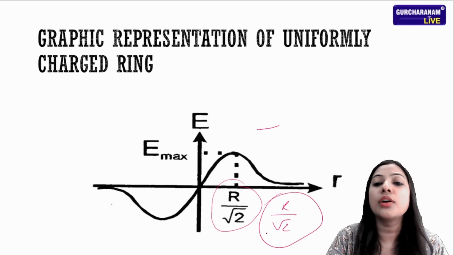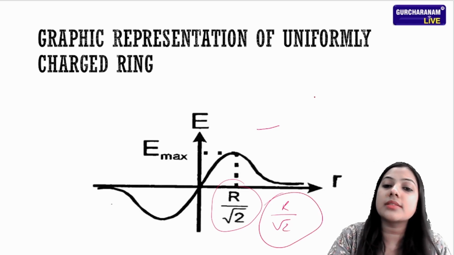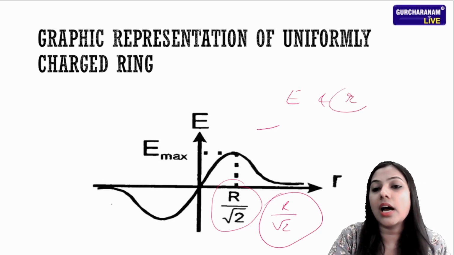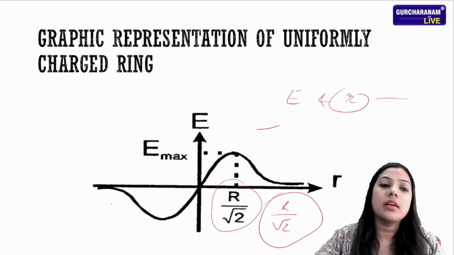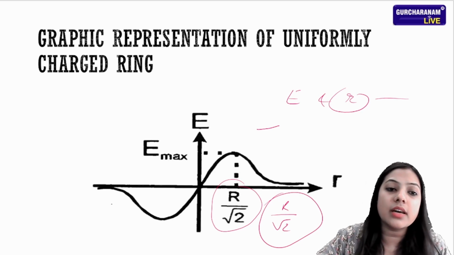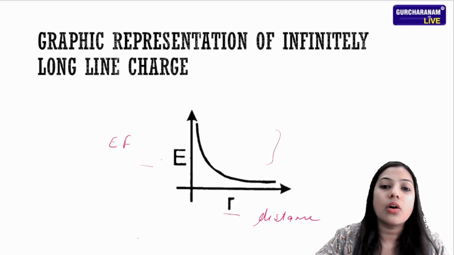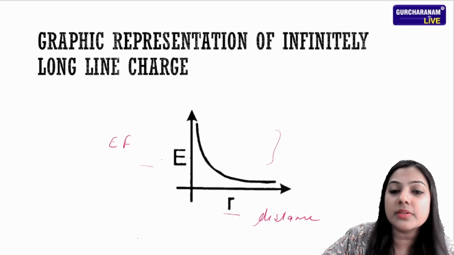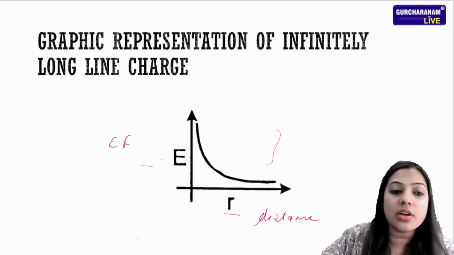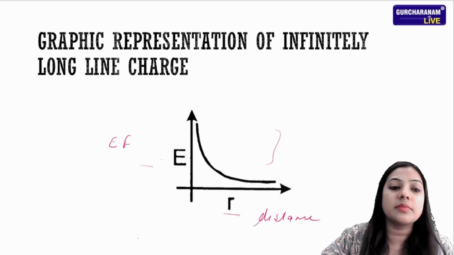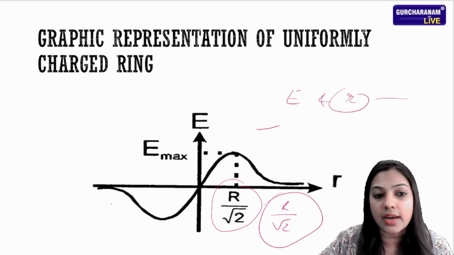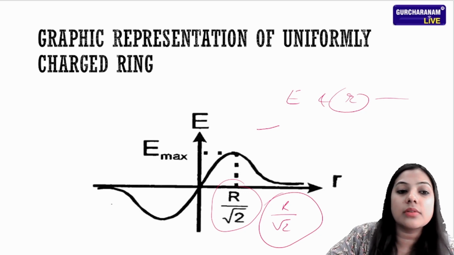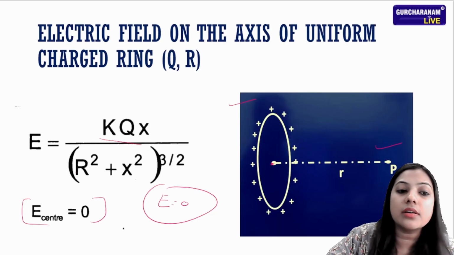This is the graph between electric field and distance, where the axis represents distance. So I hope you understand the graphical representation of the infinite long line charge and of the uniformly charged ring. E is maximum at R by root 2, and E is equal to 0 at the center of the ring.